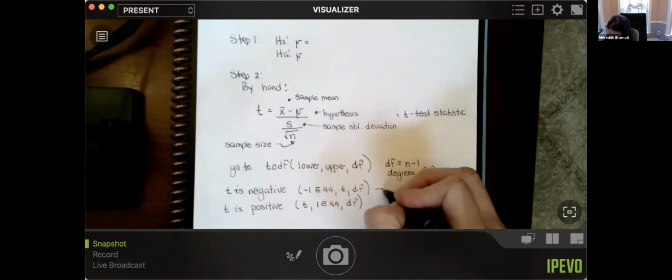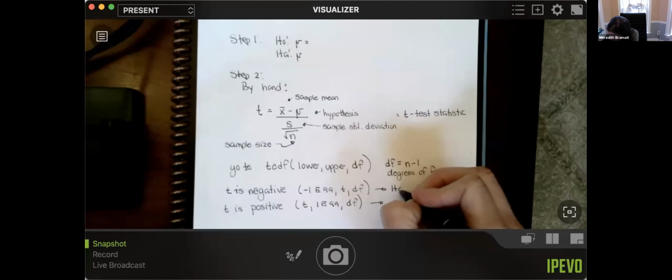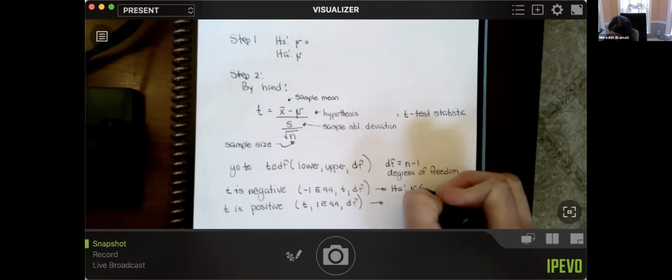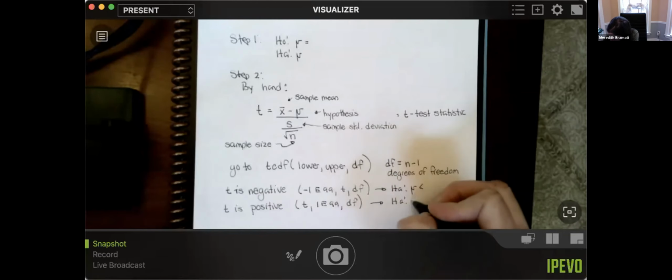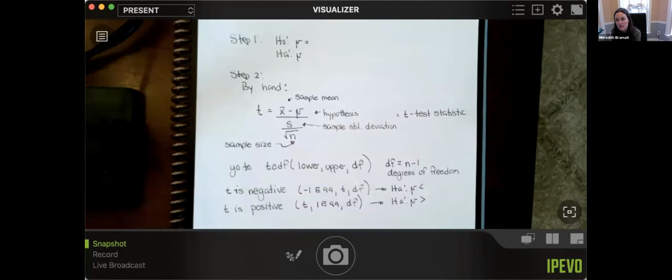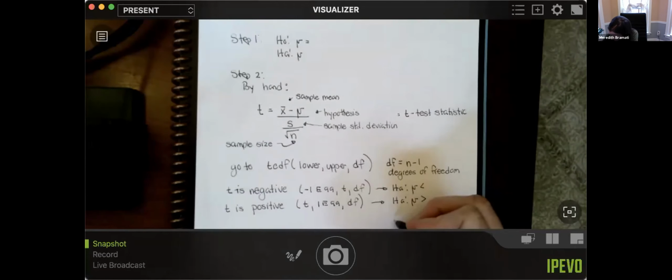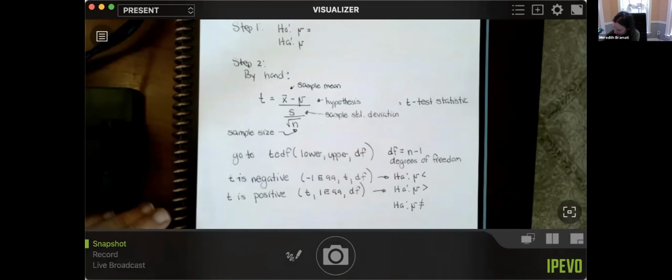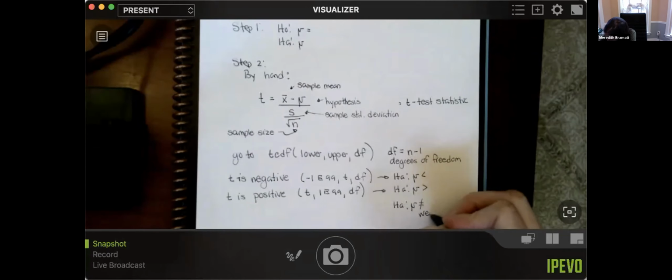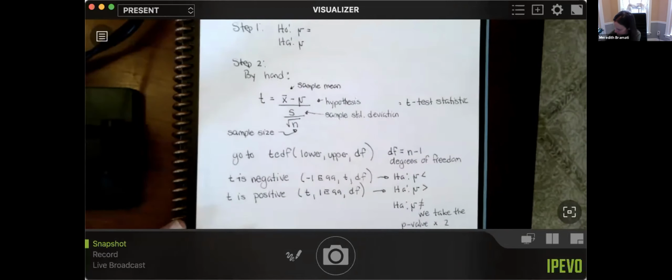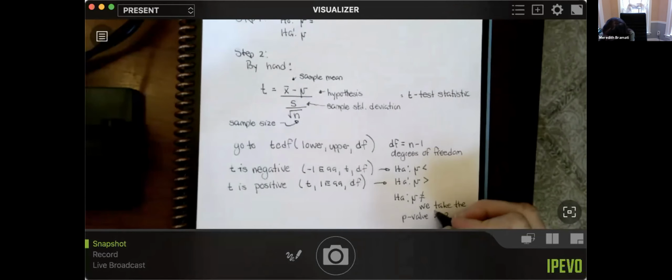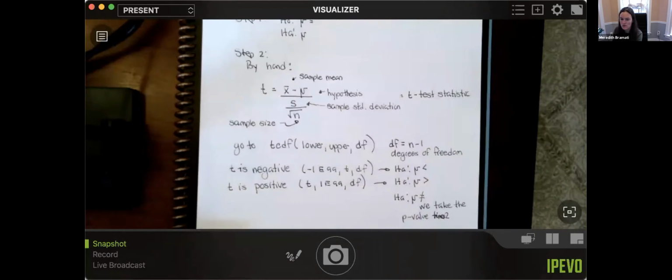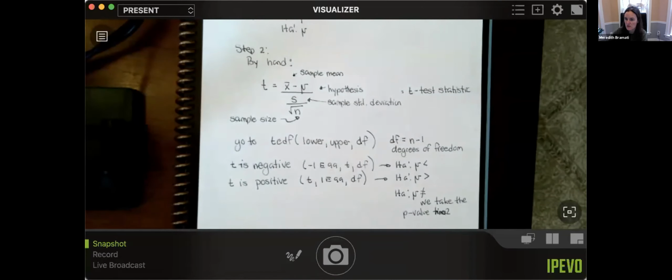And your corresponding HAs for this, HA would be mu is less than, and this one would be HA mu is greater than. And we're missing one. If the HA is mu not equal to, we take the p-value and multiply times 2. Let me actually write that out, times 2. And we're going to do a problem like that so you can see it.